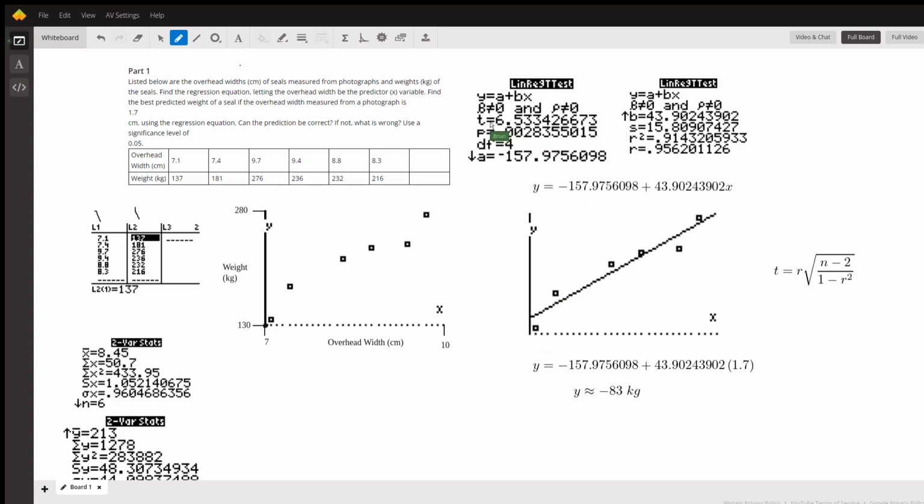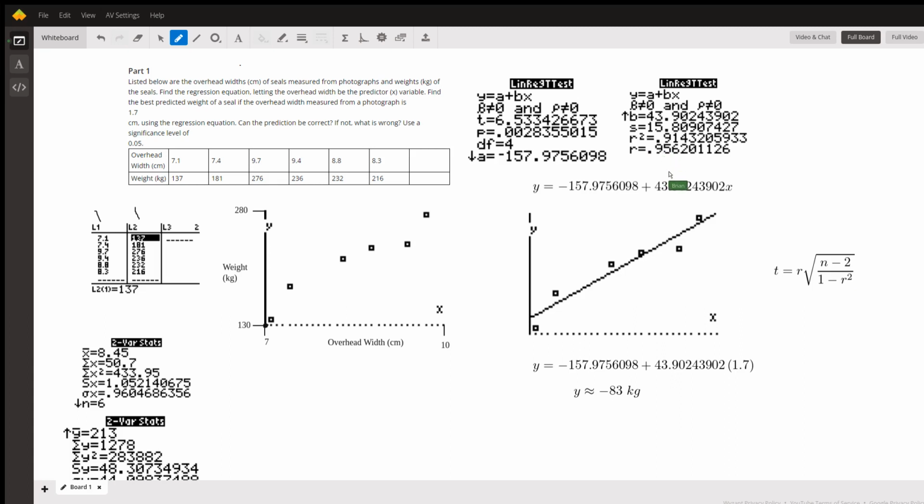If you wanted to know how we got this t-value, it's related to the correlation coefficient and coefficient of determination, which are also included in the linear regression t-test. The formula for the t-value is r, our correlation coefficient, times the square root of n minus 2 over 1 minus r squared.